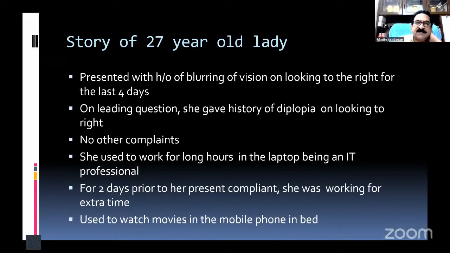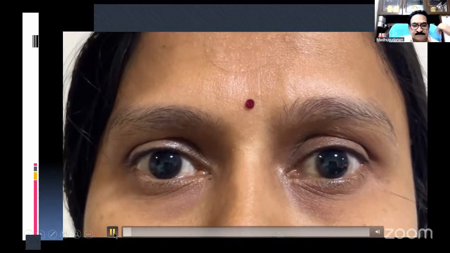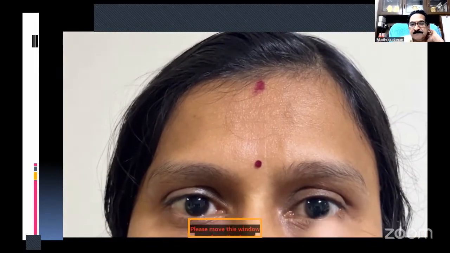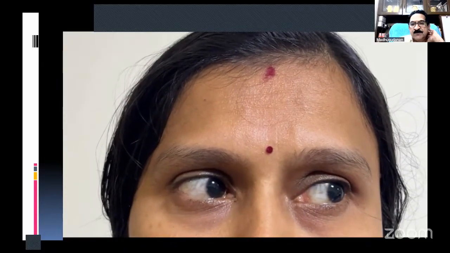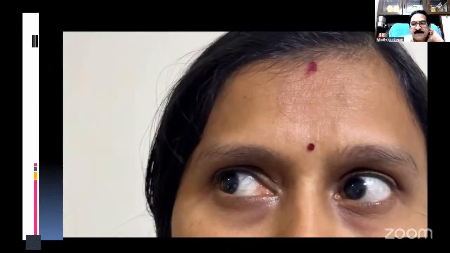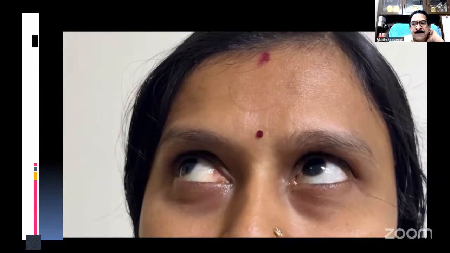Okay, this is the video of the patient. Looking to the right side. Checking the ocular movements. Left side. Again, right. Up and out.